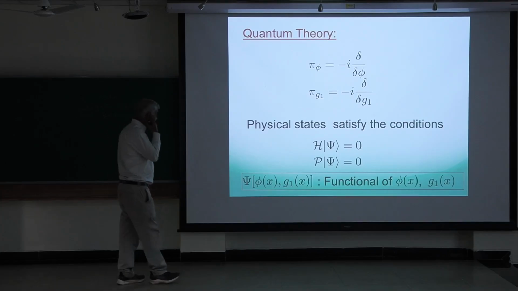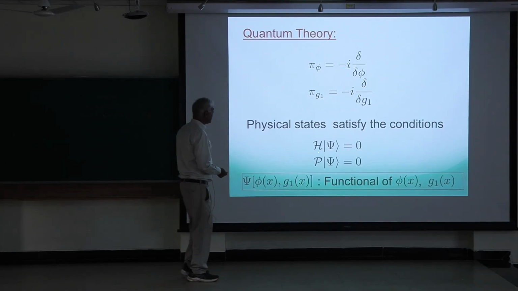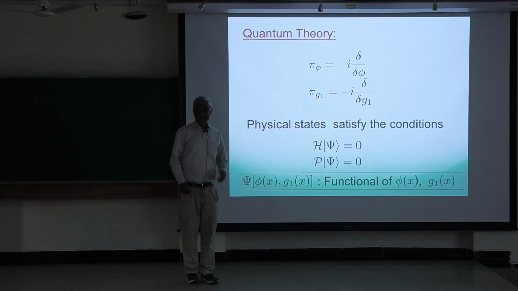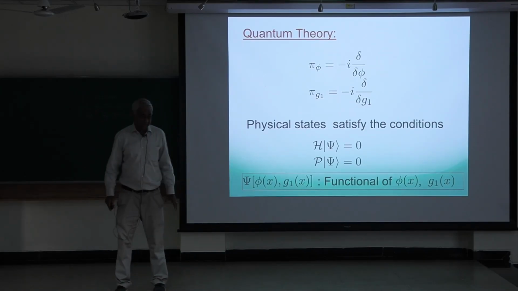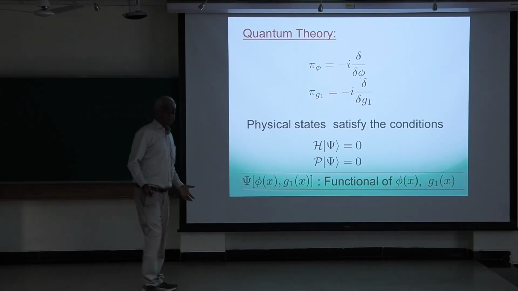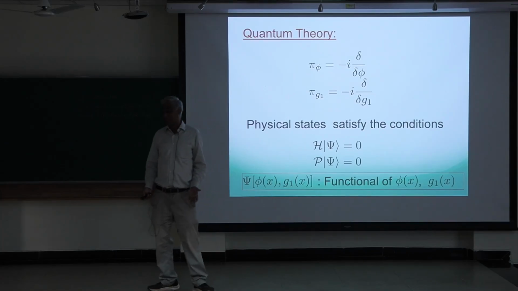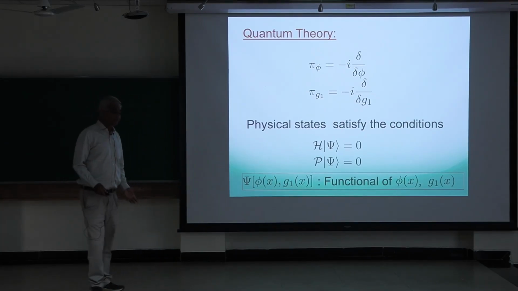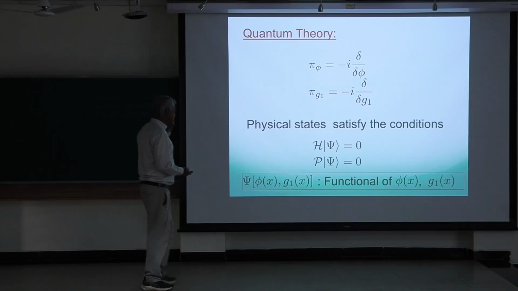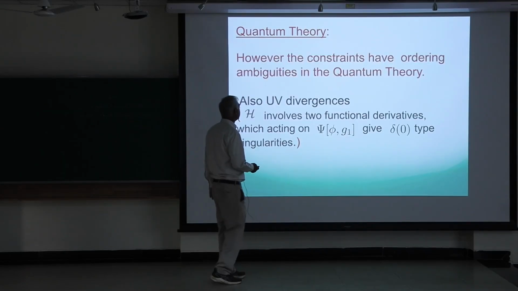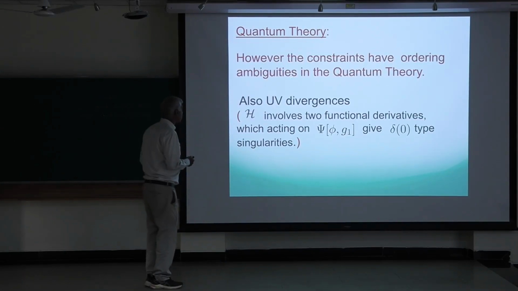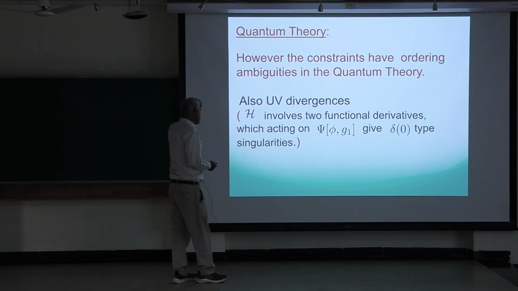Now, it's not quite as simple because, as is well known, these constraints famously have various ordering ambiguities. So before we can solve for physical states, we need to say something about how these operators are to be defined. And this is the problem which often bedevils such attempts. There are ordering ambiguities, but it also turns out there are UV divergences.